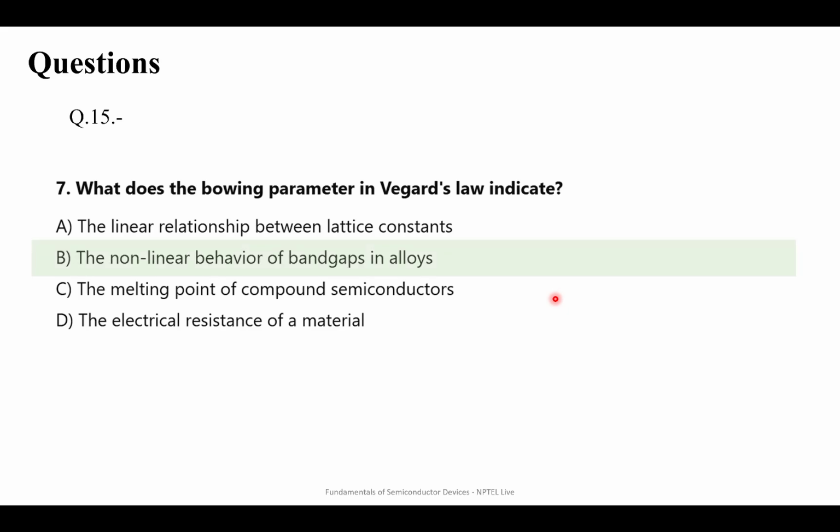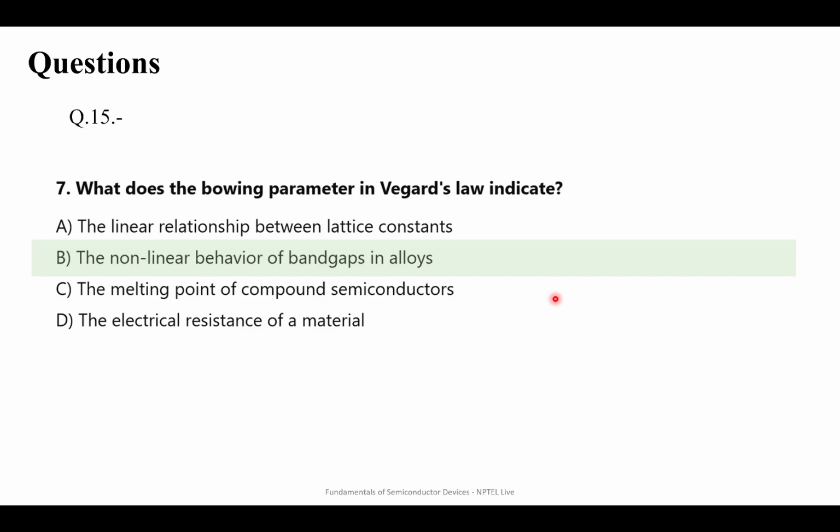Yes, the correct answer is the non-linear behavior of band gaps in alloys. Right now we were assuming a linear relation, so we can go from the band gap of one material to the band gap of the other linearly, but there is a non-linearity involved, and that non-linearity is calculated using the bowing parameter.